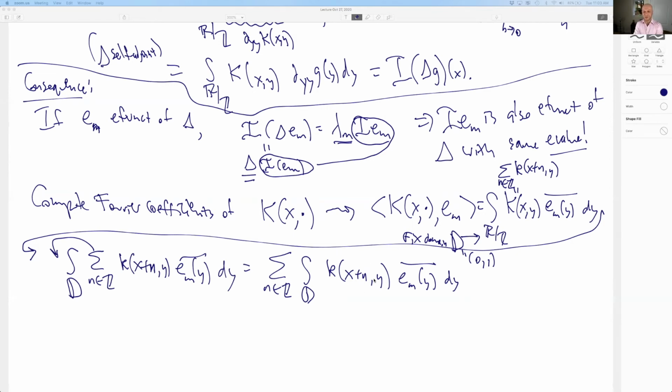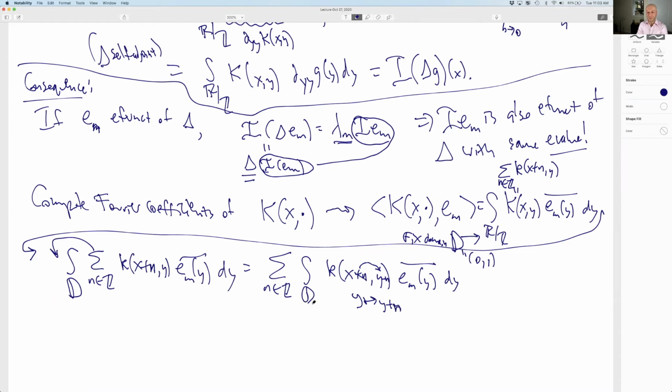So what can we do to simplify this? Well, the shift has happened at x here, but we're integrating over y. Why don't we move the n to this side? So let's cut out the n and move it here as a minus n. And then let's make a change of variables: y goes to y plus n.